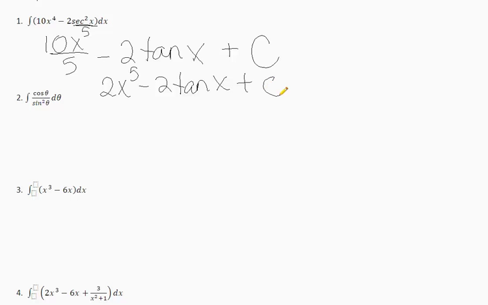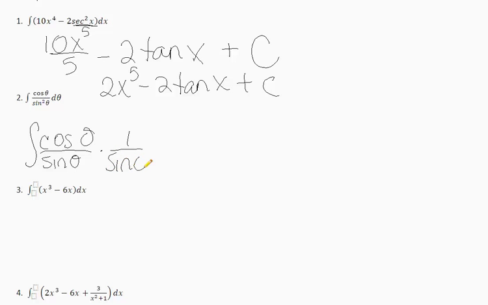All of these are just asking for the antiderivative of that function. Second one, you might say, how do I do that? Because I cannot do the quotient rule backwards. Well, if we're creative, we can rewrite this as cosine over sine times 1 over sine.